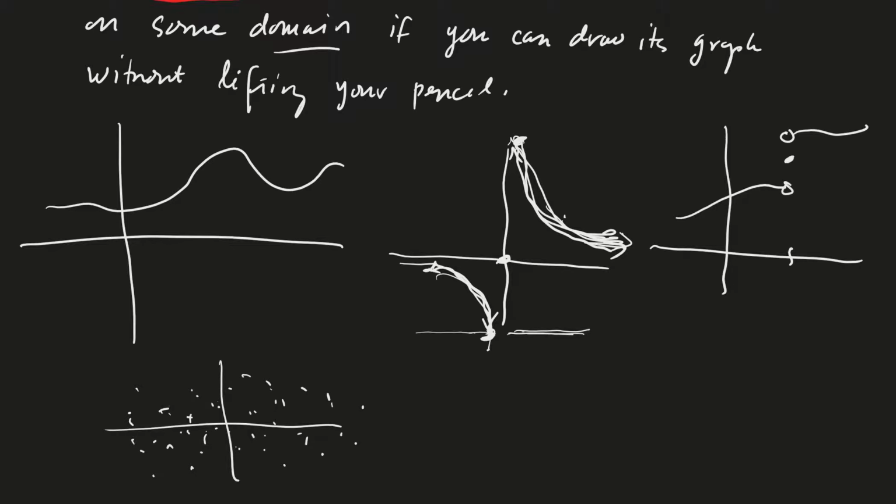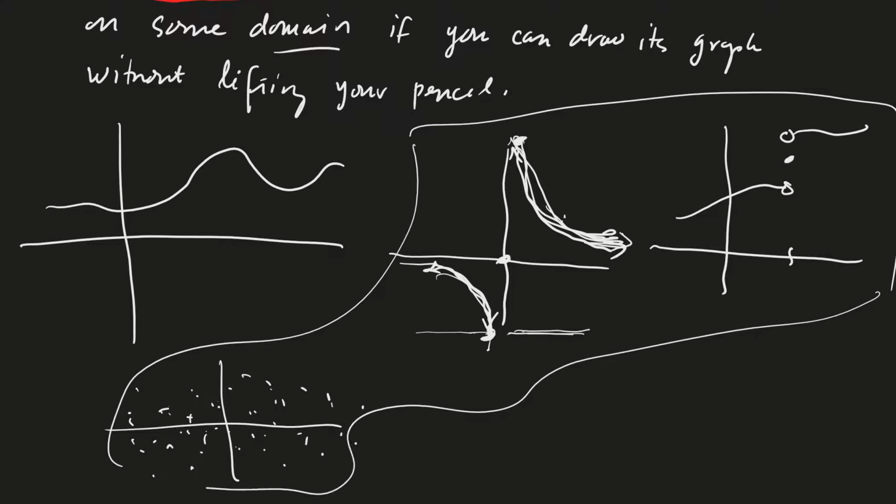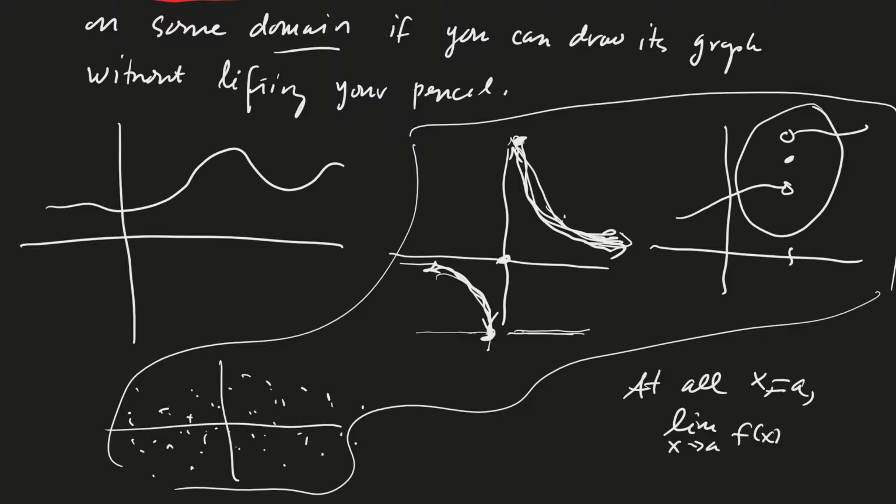Okay, so we want to avoid all these cases in order to be continuous. What do we need for the function to be continuous? In order to avoid this situation, we need that at x equals a, the limit as x approaches a of f of x must exist.